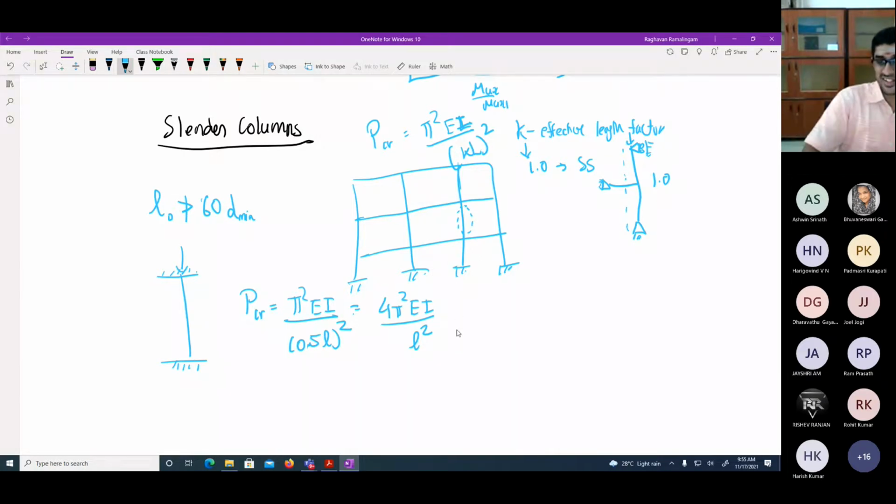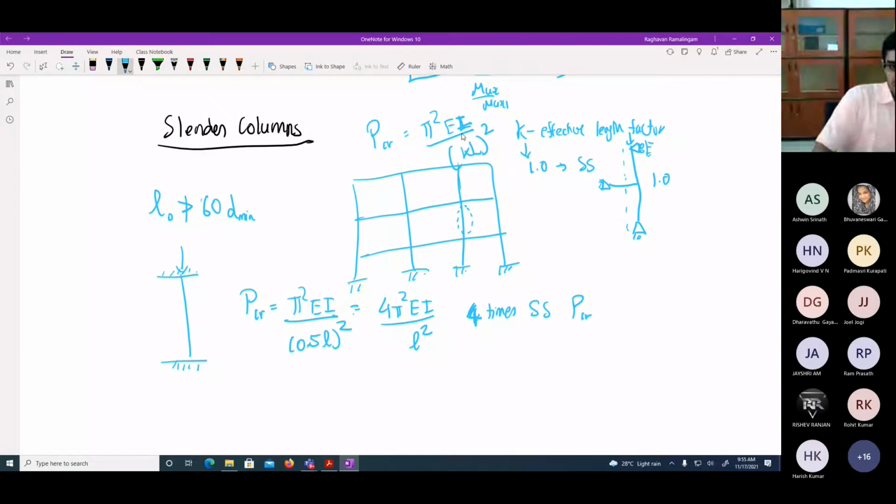So theoretically it is exactly 4 times the critical load you get for a simply supported column.